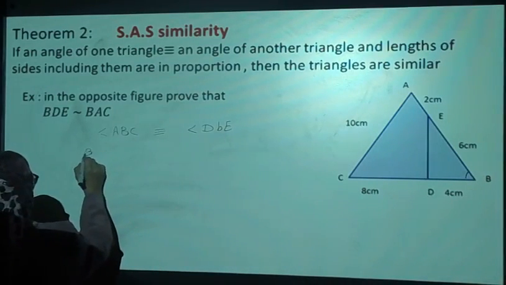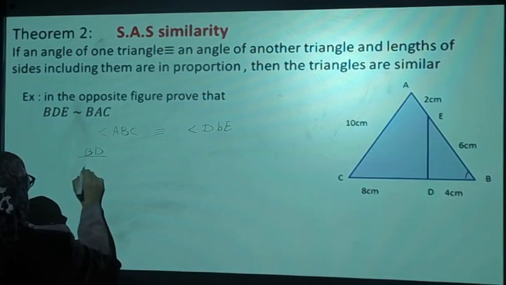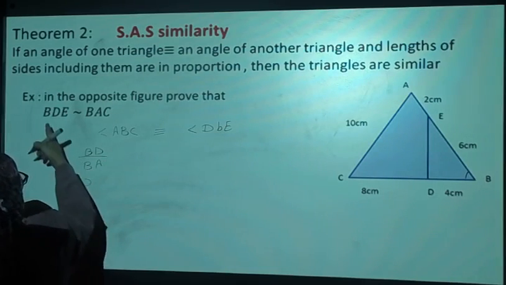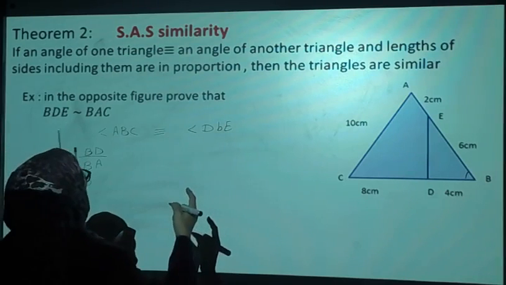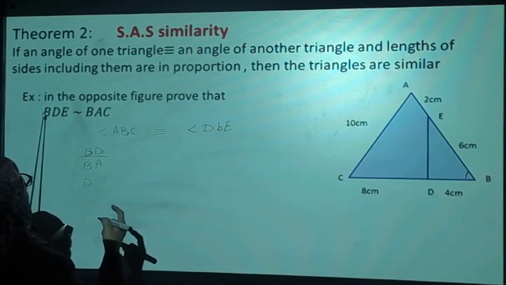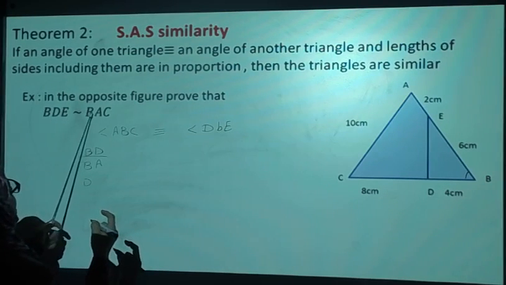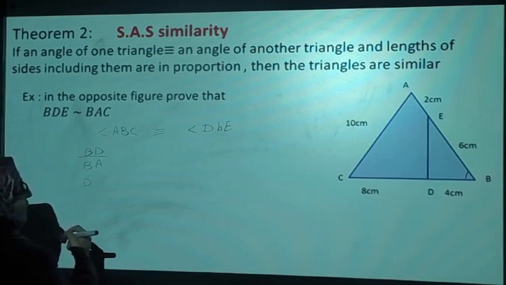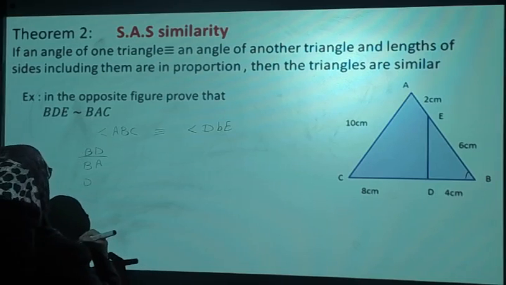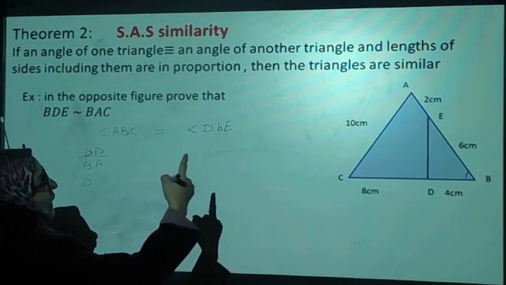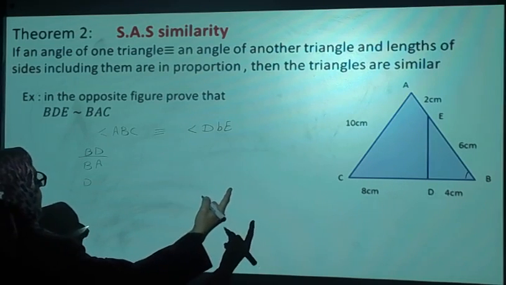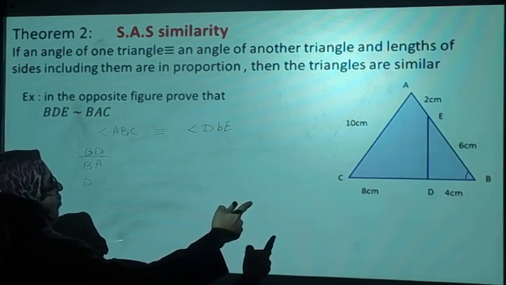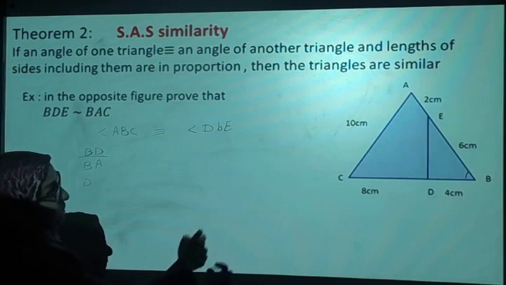Let's find BD over BA, and now we need to find the two sides that contain the angle B in each triangle, which are AB and EB, and the two other sides are BD and BC.